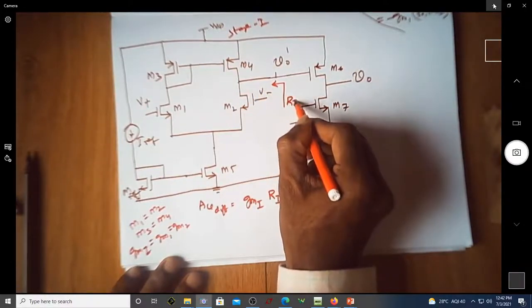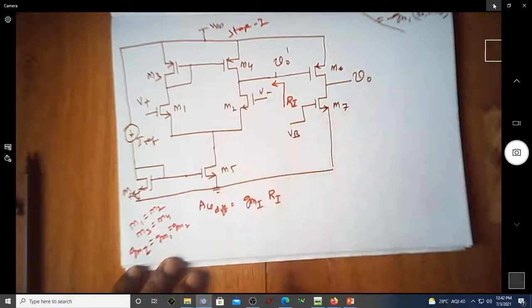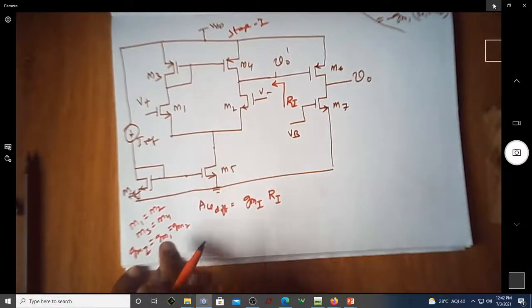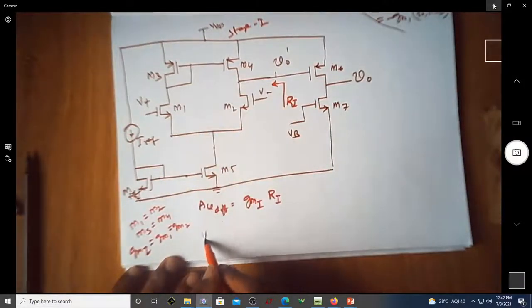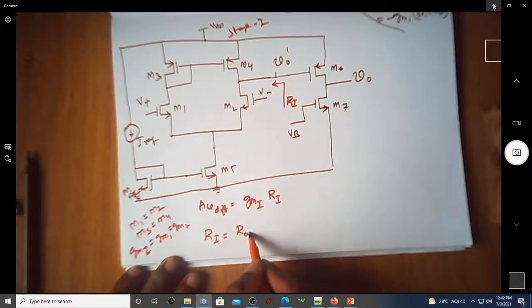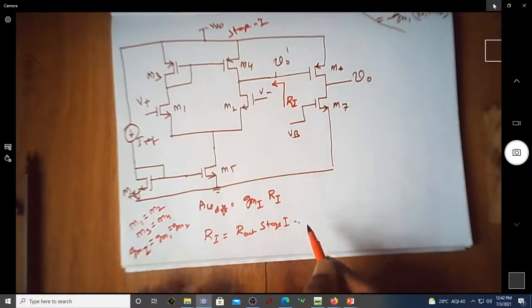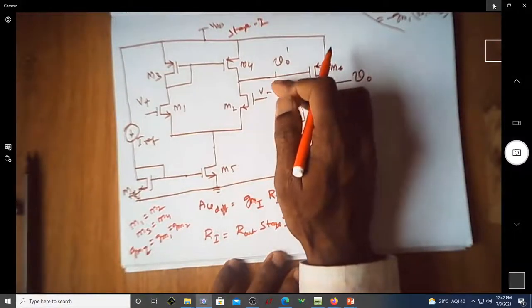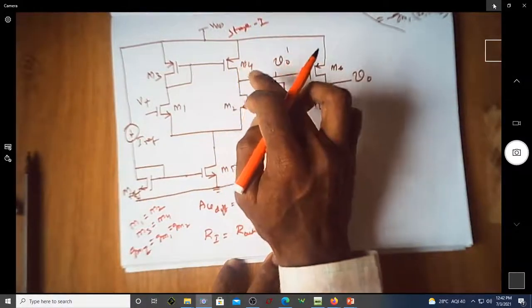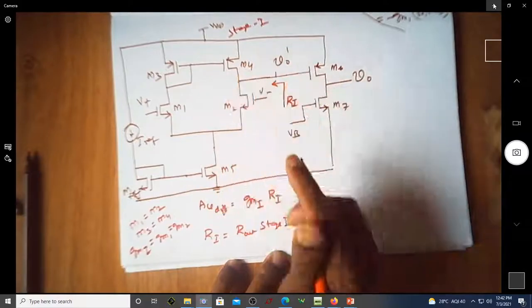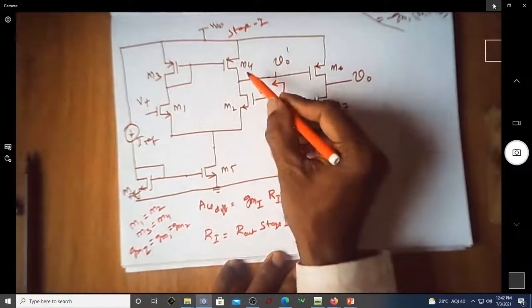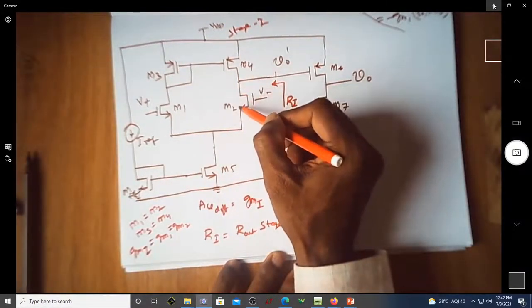Let me call this R1, the output resistance of stage 1, R out of stage 1. From our earlier courses, we know that the output resistance of a differential amplifier with active load is given by R04 parallel with R02.